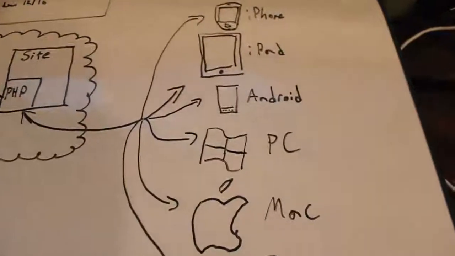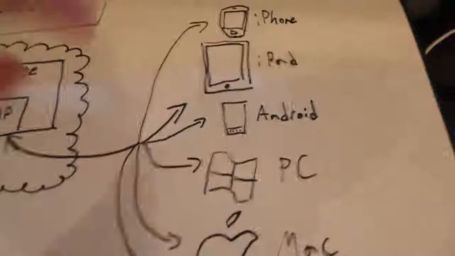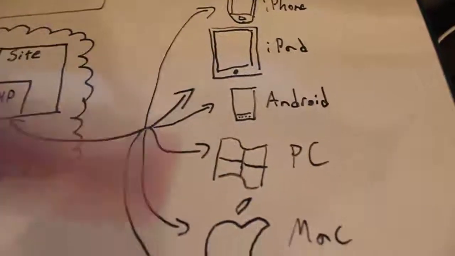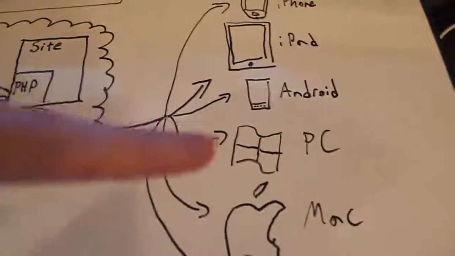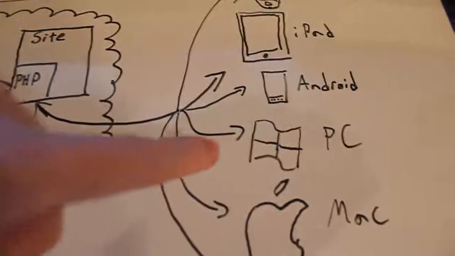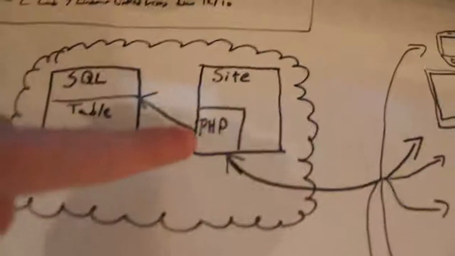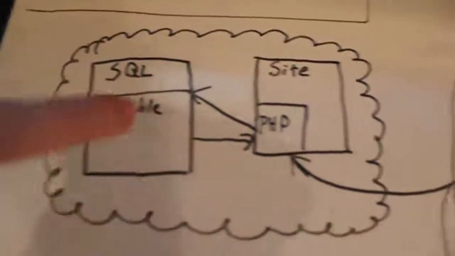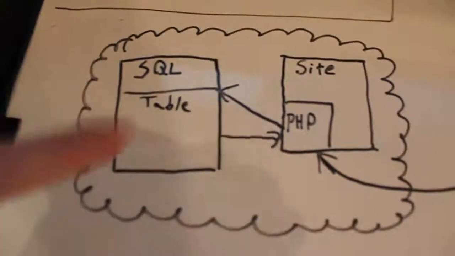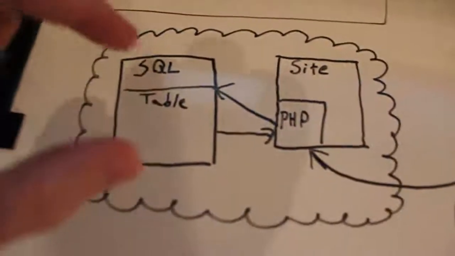Alright, so here's a quick overview of how the system works. So you're playing on your platform of choice, you finish playing on it, and then you send off your save data to the site through this PHP script. That writes to an SQL table, and then it's stored on there.